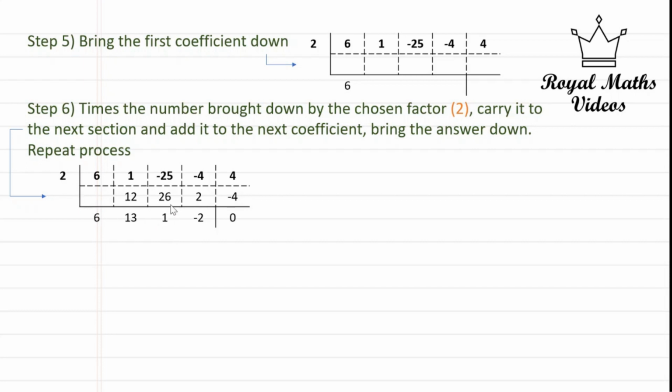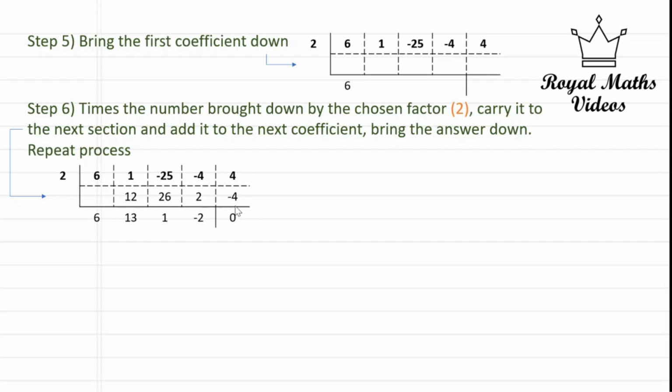1 times 2 comes over here as 2, and then minus 4 plus 2 is minus 2. Then we have again minus 2 times 2 is minus 4, and plus 4 minus 4 is 0.